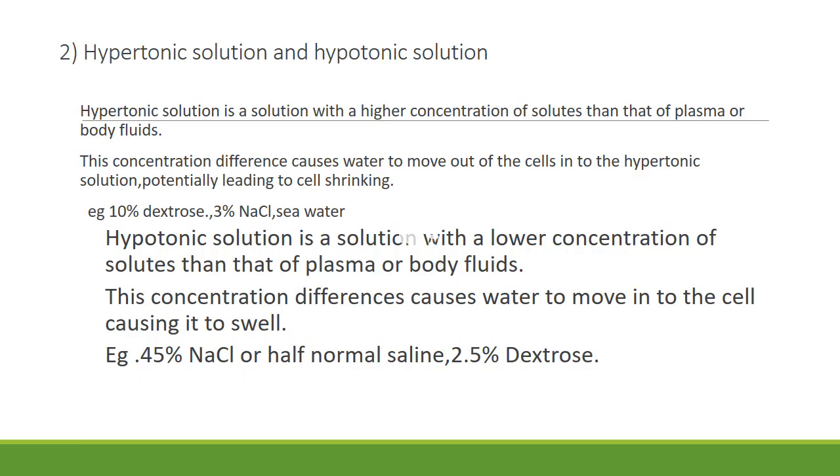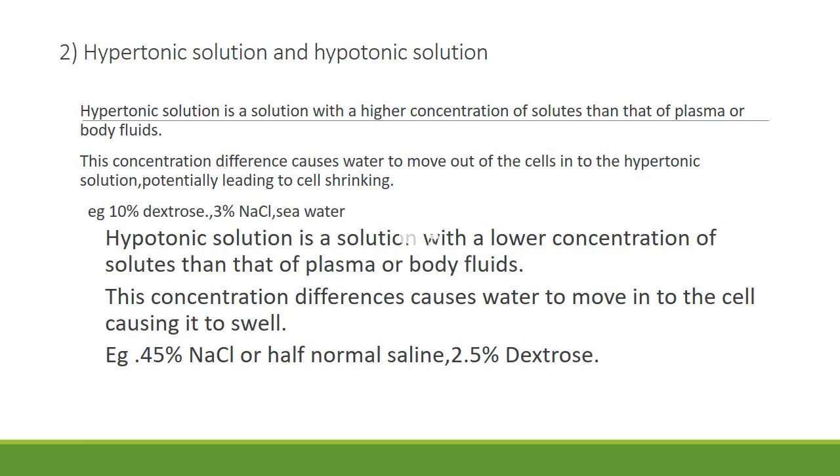Just opposite to what is happening in hypertonic solution, here the solvent particles or the water will move into the cell, leading to an increase in size of the cell, whereas in hypertonic solution the cell will shrink.